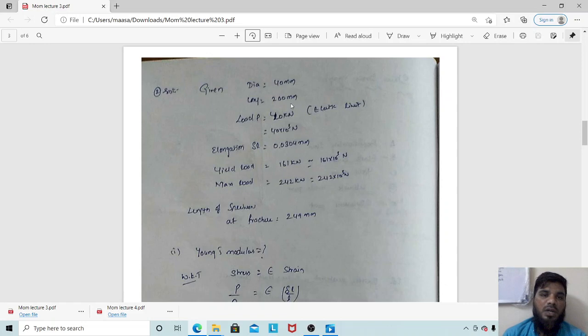So diameter is 40 mm, length is 200 mm, load is 40 kilonewton within the elastic limit. Kilo they have given, so we convert to 40 into 10 to the power of 3. Elongation delta L is 0.0304 mm. Yield load is 161 kilonewton, converted to 10 to the power of 3 newtons. Maximum load is 242 kilonewton, likewise converted to 10 to the power of 3 newtons. The length of the specimen at fracture is 249 millimeter.